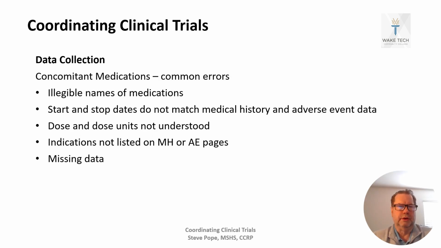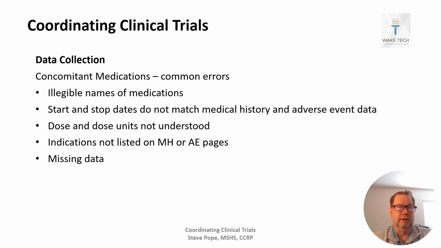Common errors that are associated with the concomitant medication page are things such as illegible names of medications. You can't quite make out what it is. Start and stop dates do not match either the medical history entry or the adverse event entry. It's important to understand that every concomitant medication has to be matched up with either a medical history or adverse event entry, unless it's given for some sort of anaphylaxis basis.